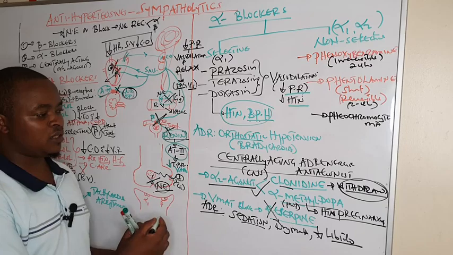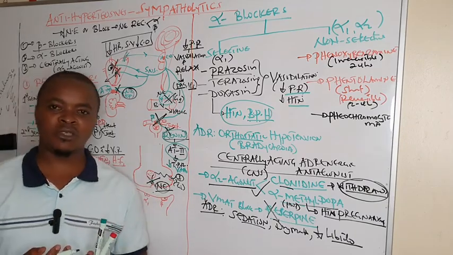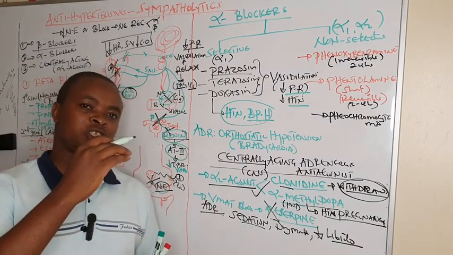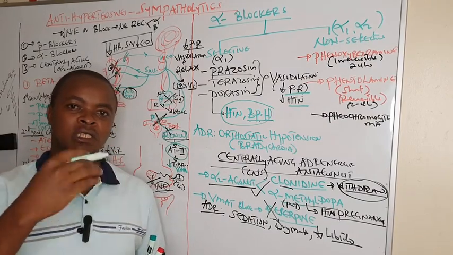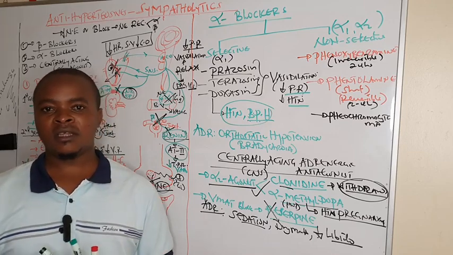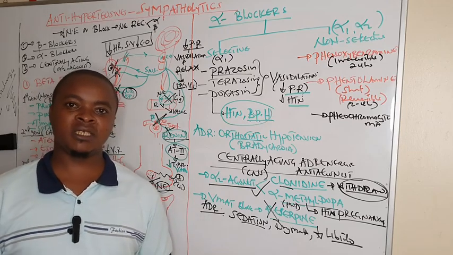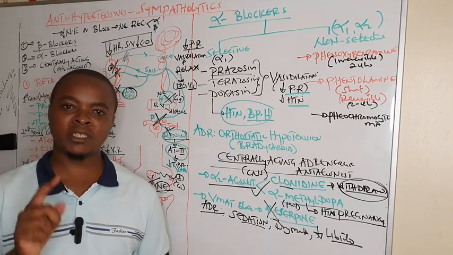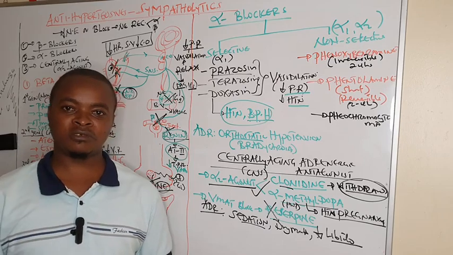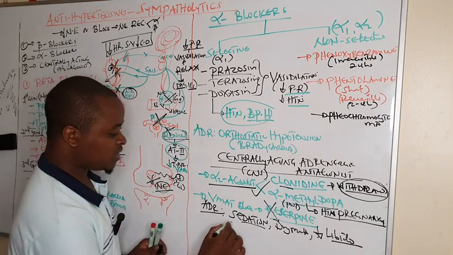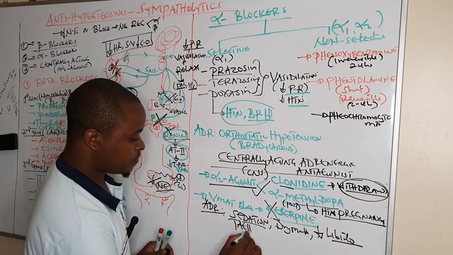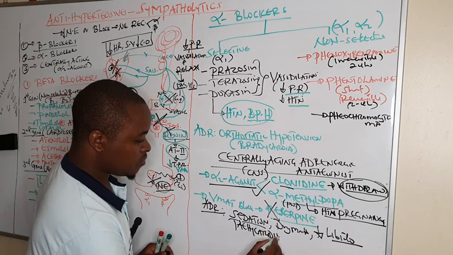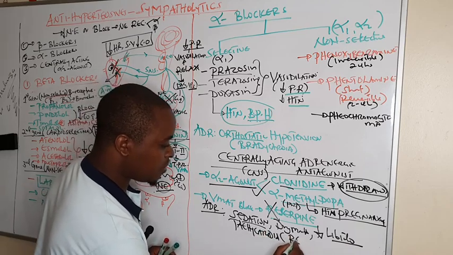And even when the patients are on these drugs like clonidine and alpha-methyl dopa, stopping should be gradual. When stopped immediately, they can cause what we call rebound hypertension or compensatory hypertension, because they can lead to tachycardia.